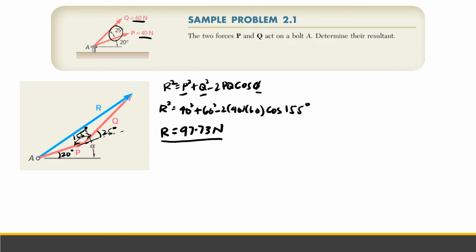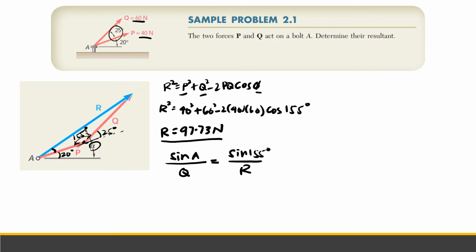Okay, so now applying the law of sine, we will solve for our alpha. Sine A, or the interior angle at A, over Q is equal to sine 155 degrees over the resultant.